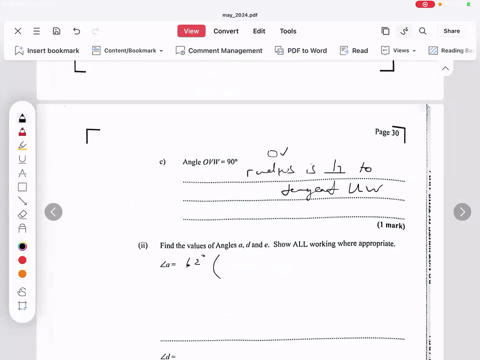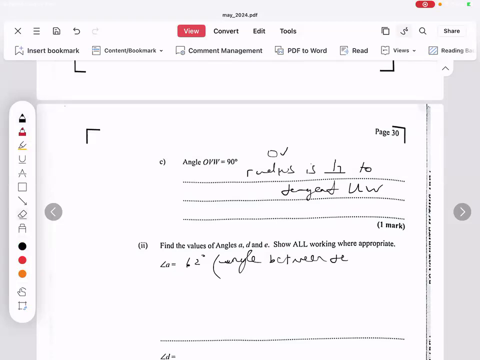So angle A is actually equal to 62. Reason being, as Johnny says, the angle between tangent, hold on, we can't write, guys, the head of my pen is so big, so write it down, guys.